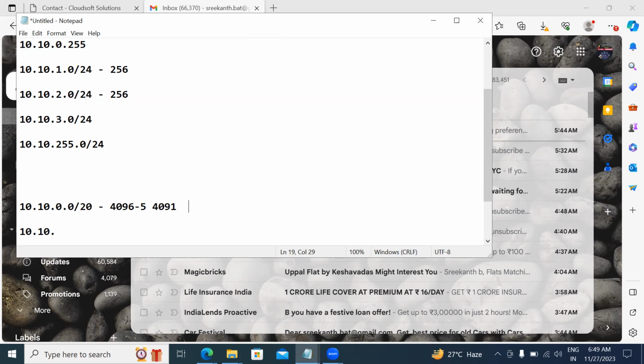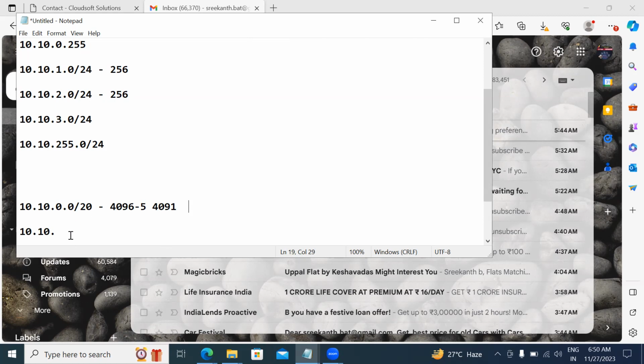Each row will take 256, so 4096 will take 16 rows. Previously it was 256, that is the reason it was one row. Hence 0.0, 1.0, 2.0, like this we have given. Now it has already taken 4096 IPs totally, so 16 rows are filled. Then can you tell me the next range of available CIDRs?